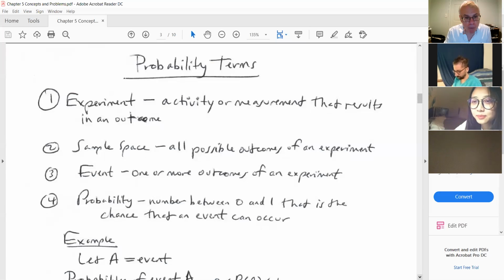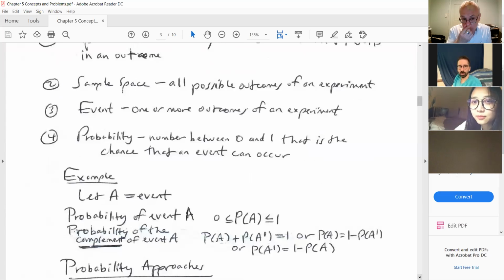Now, the way we represent in symbolic terms an event, we use a capital letter. The capital letters I would not use are, for example, in many books they use the capital letter S to represent the sample space. Sometimes they may even use the letter U to represent the universal set, which might be the same thing, the sample space.